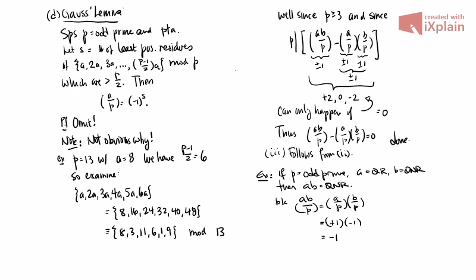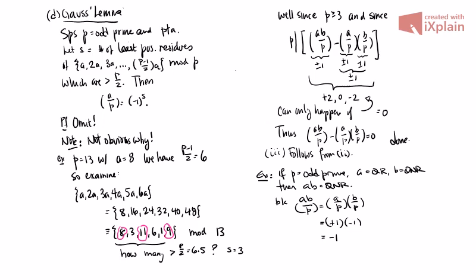This is mod 13. And if you count those and ask this question, how many are greater than p over 2? So p over 2 in this case is 6.5. If you look at which ones those are, 8 is greater than 6.5, so is 11, so is 9. There are 3 of those that satisfy the criteria.